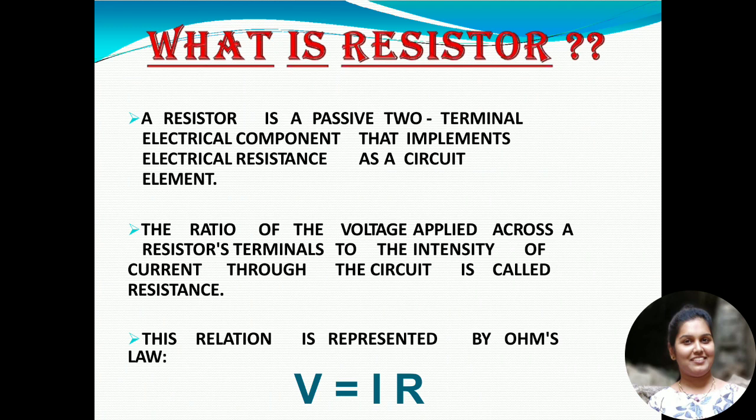Passive means it does not act as an energy source. Those kinds of components are called passive components. For any resistor we see two terminals, and the resistor is a passive kind of component.